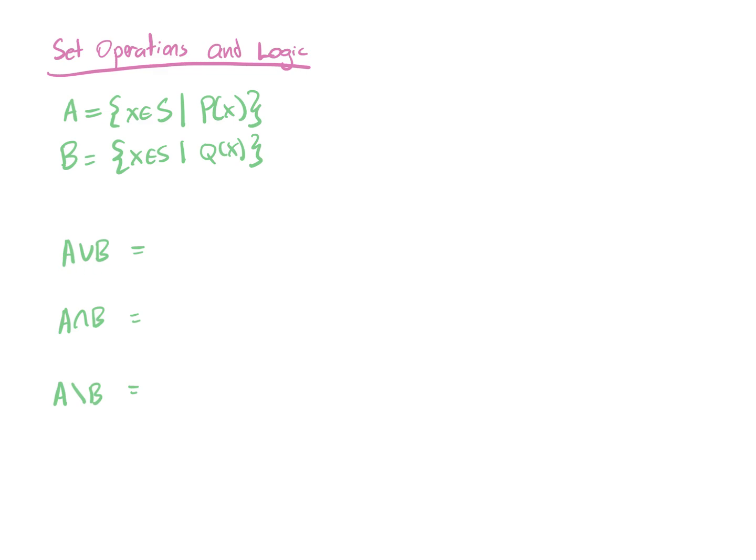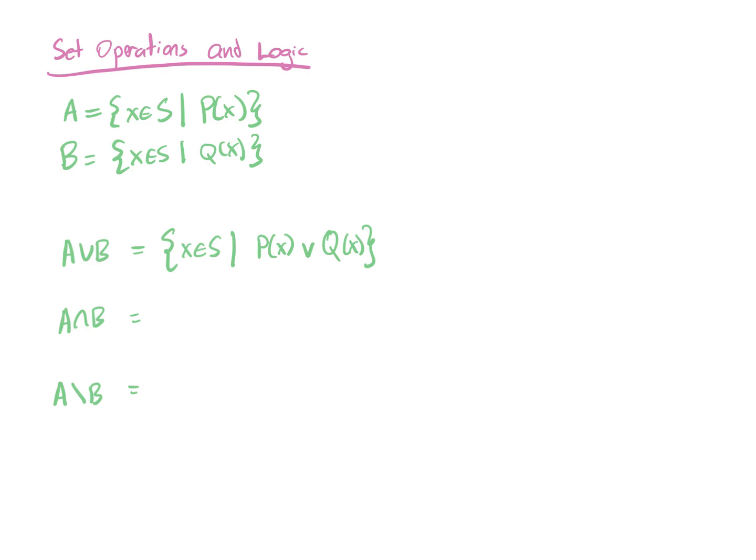Or describes the union of A and B. And indeed, if A and B are defined using the same base set, which I've done here, they're both defined using the base set S, and predicates P defining A and Q defining B, then it's the case that A union B is the set of all elements of S that satisfy the compound predicate P of x or Q of x.